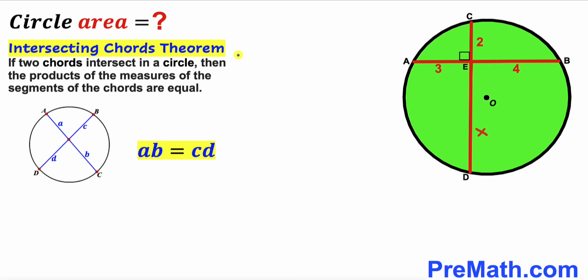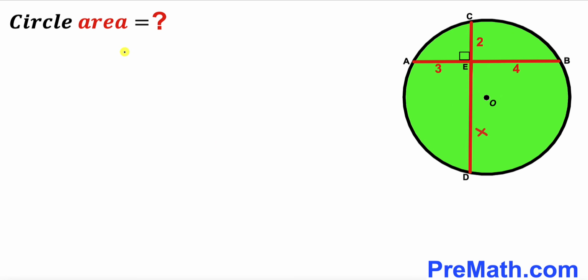According to the intersecting chords theorem, the product of x and 2 must be equal to the product of 3 and 4. So we can write segment 2 times segment x equals segment 3 times segment 4. Let's simplify: 2x equals 12, and now I'm going to divide both sides by 2 to isolate x.